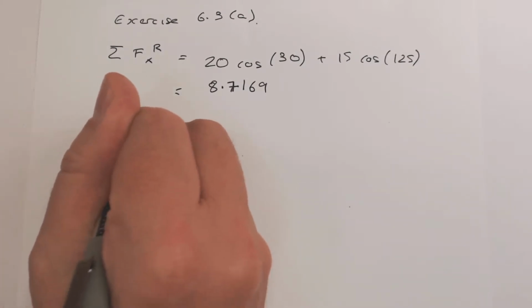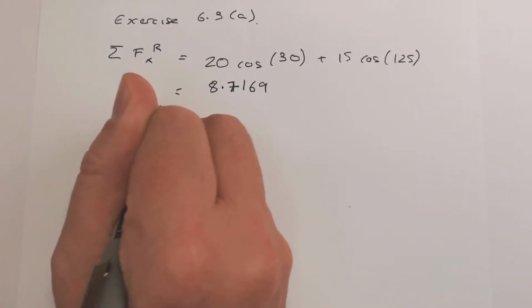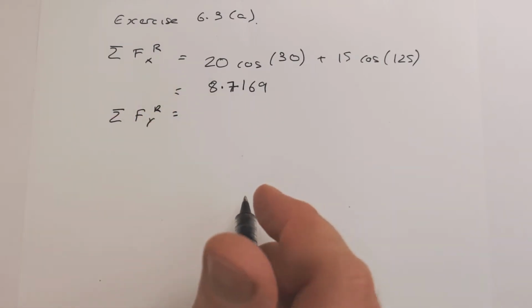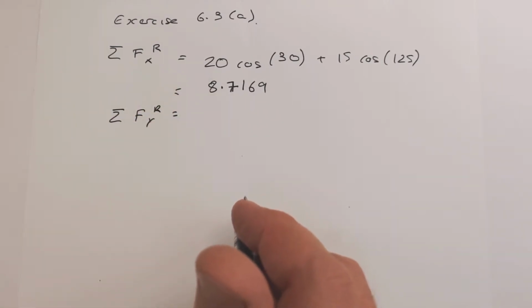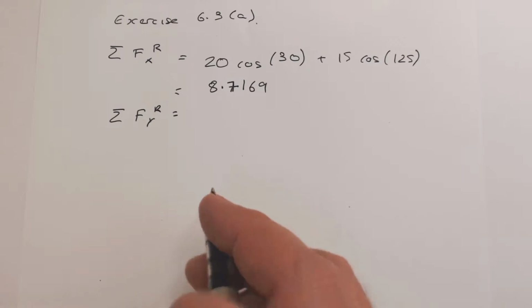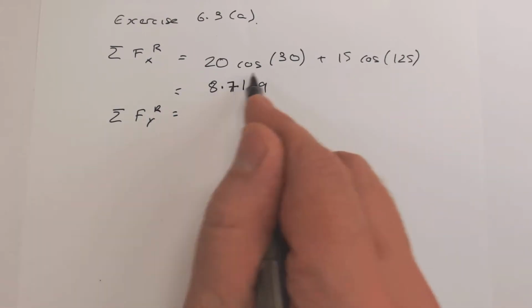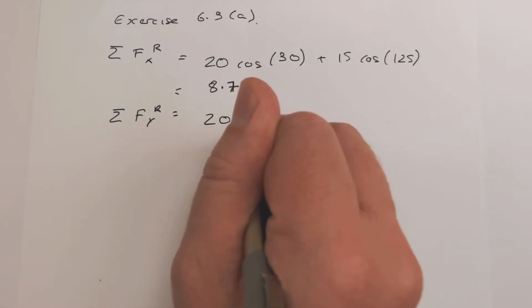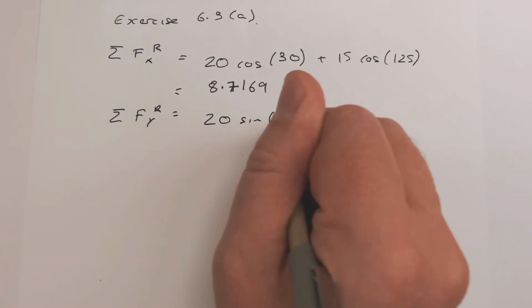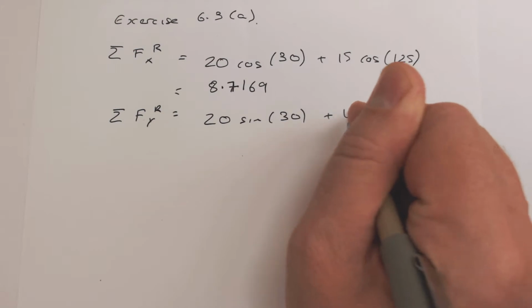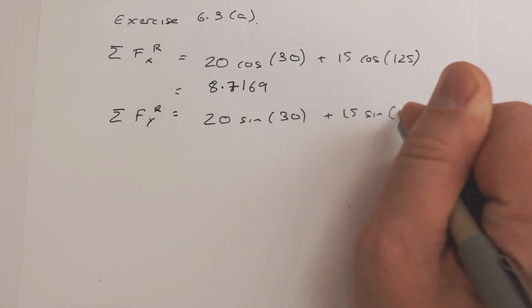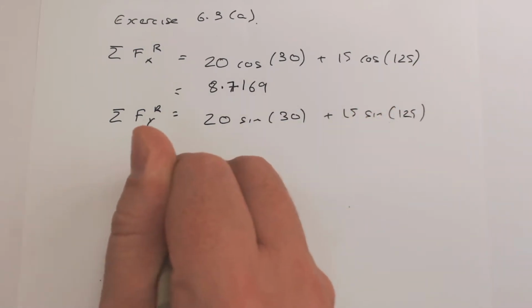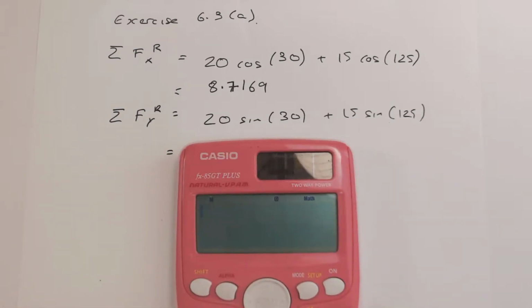So we're going to sum up the forces. They're going to be the y direction, and so remember that they are going to be a resultant. So all we need to do is look at this thing above and replace the cosines with sines. 20 sine 30 plus 15 sine 125. Right, so let's dump that into my calculator.